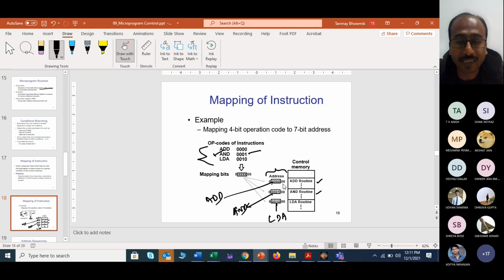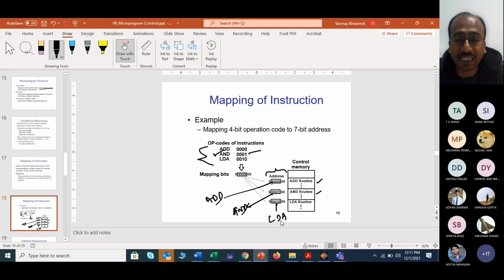Just like that example here, these things are predetermined. For AND, this 4-bit is your opcode; for ADD, this 4-bit is your opcode; and for LDA, this 4-bit is your opcode. Now when you map, this 4-bit field being all 0 means this is an ADD instruction, so it maps to the ADD routine. 0001 means it is mapped to the AND instruction, so it maps to the AND routine.